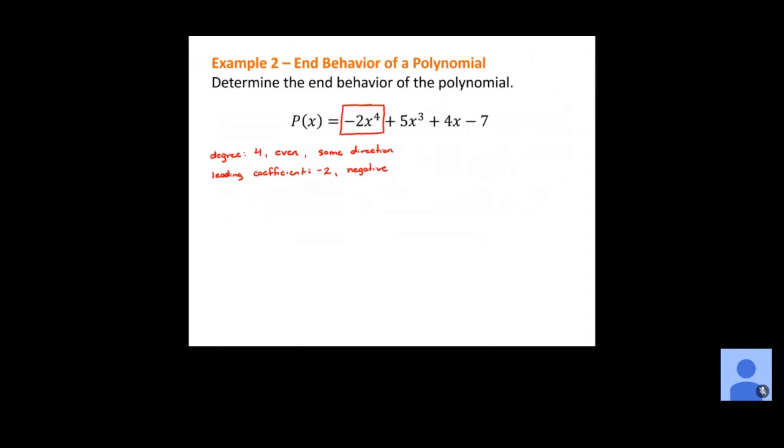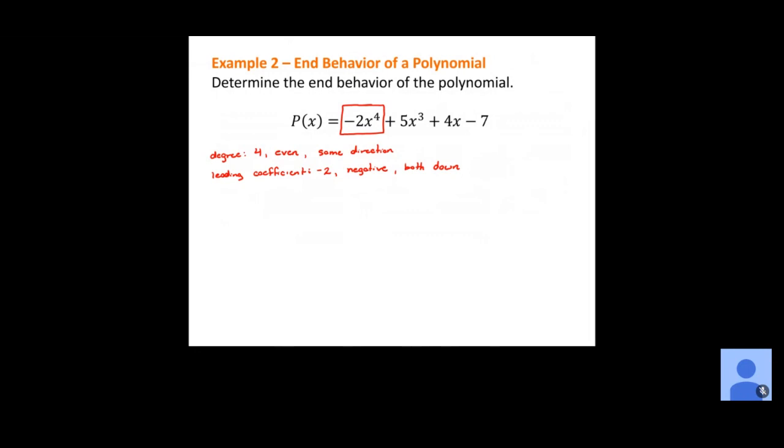So what that tells us is because our degree is even and we know the ends are going in the same direction, the negative coefficient now tells us that both are going down. Again, the degree tells us, are we going in the same direction or opposite directions?